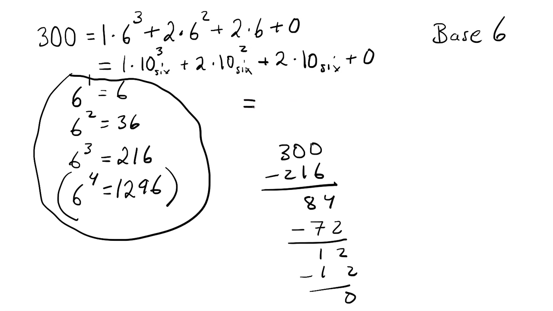So in base 6, this is 1, 2, 2, 0. We just read off the digits here. So we see that 300 in our normal base 10 in base 6 is written as 1220. So you see we only have digits between 0 and 5 here.